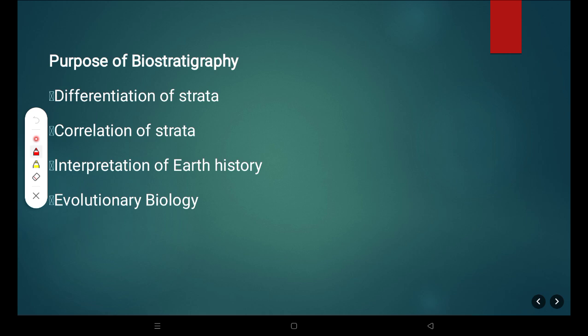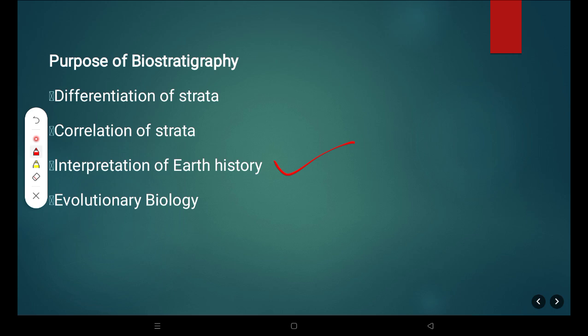Then the correlation of strata. Suppose one lithosection is here, and at a far distance there is another lithosection. We can correlate them on the basis of fossil content. And then the interpretation of earth history, the evolutionary history and evolutionary biology.